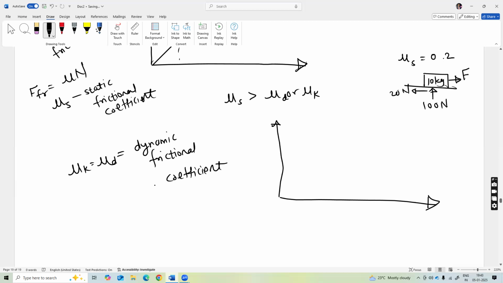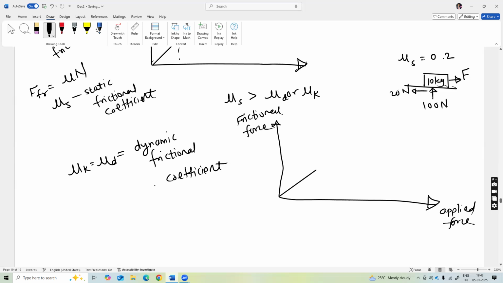So until 20 Newton, whatever force you apply will be equal to your frictional force. Okay, both will be equal. Frictional force, and let's say this is applied force. So until this point, this is basically known as static frictional force.